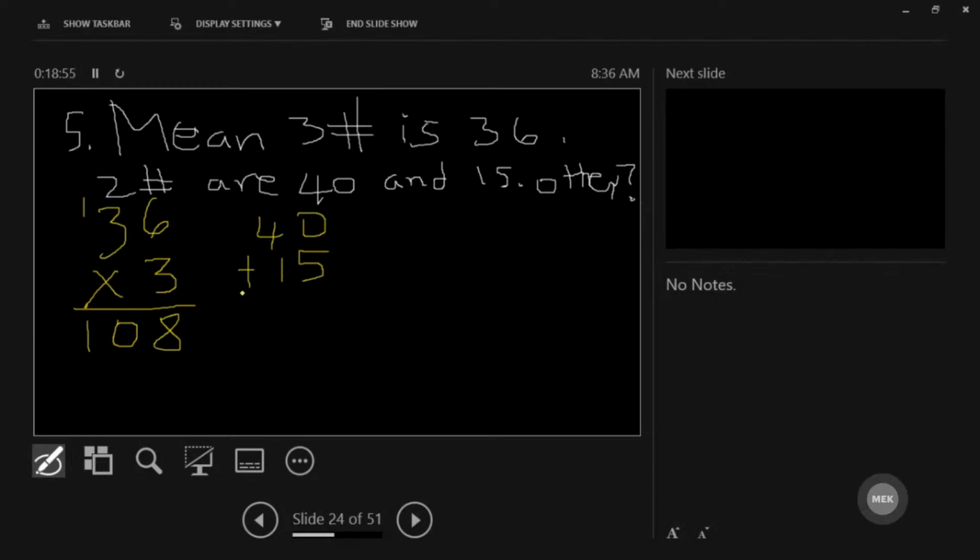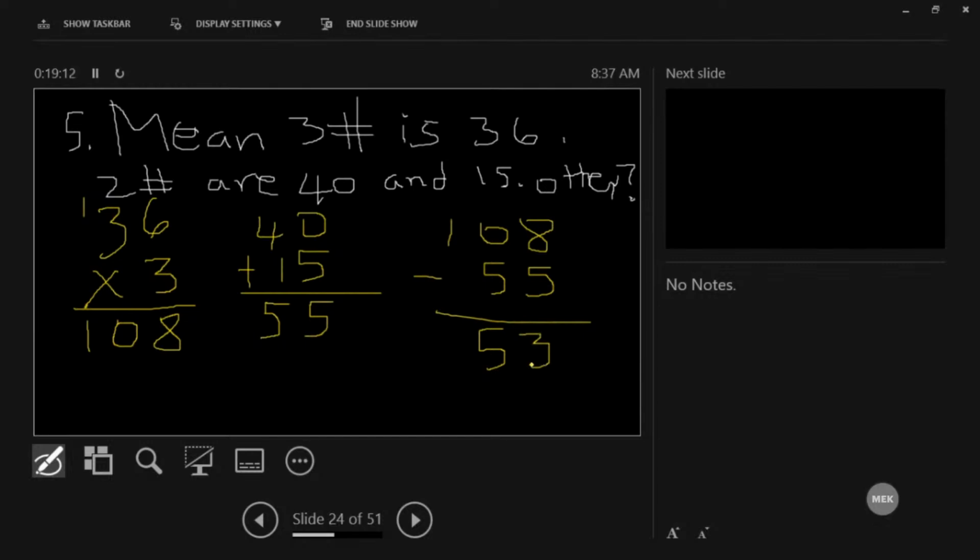So those are the two numbers that we know. And he got 55. And then to find the missing number now, you take that 55 from the total 108. And that's how we got 53. So John, you're correct. The third number is 53. So we multiply the mean by the amount of numbers, add the two numbers that we know already, and take that from the total, and we have 53.